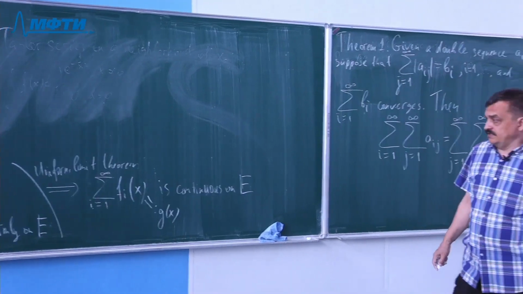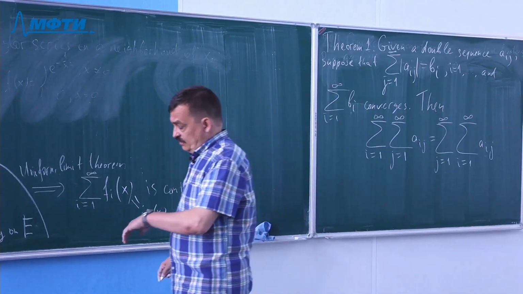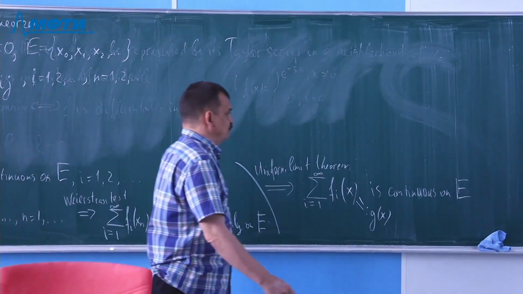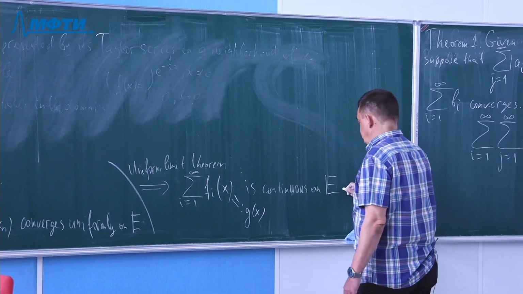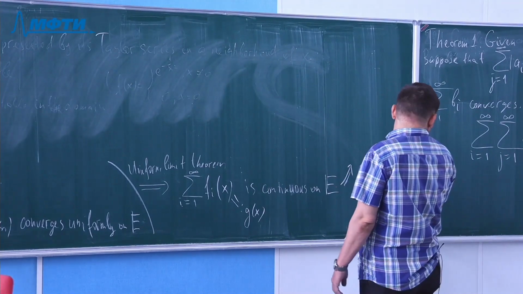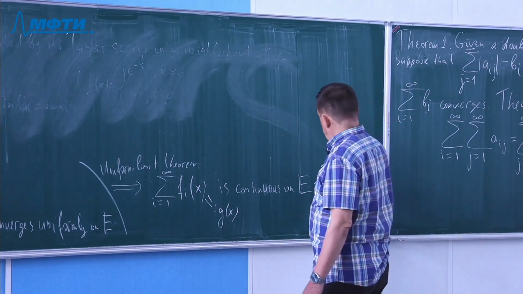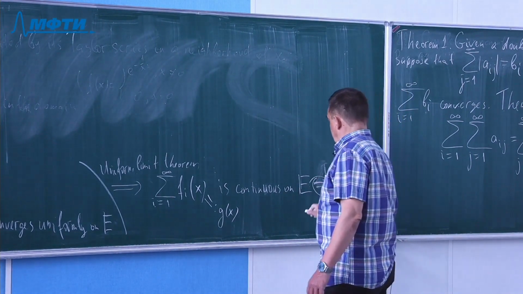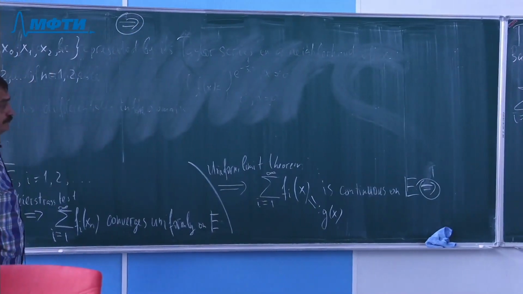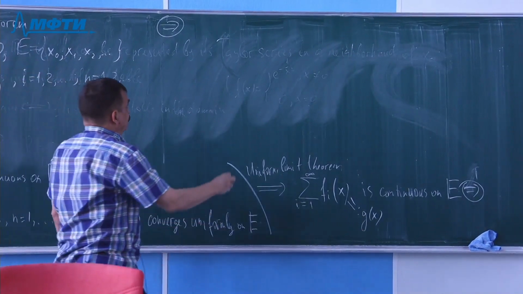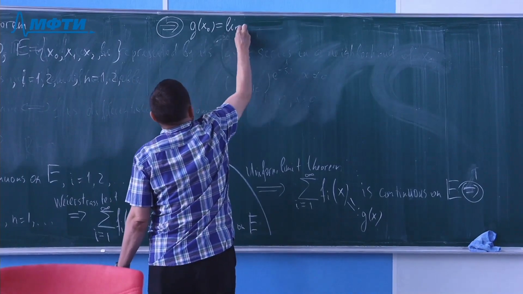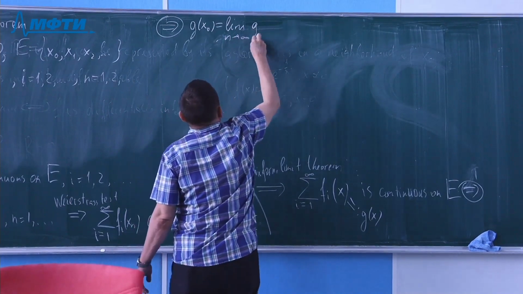So this sum is continuous function on E. Then what does continuous mean? It implies that g of x_0 equals the limit of g of x_n.